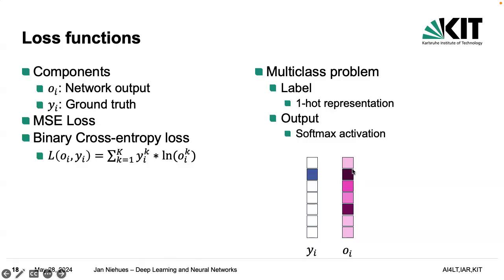So what you have to do is select the correct solution and then take the logarithm of this output. Especially in implementation, to do that on a GPU, you typically don't do the multiplication of the two vectors, but just use a select operator which selects this index. So this is a lot faster to calculate.